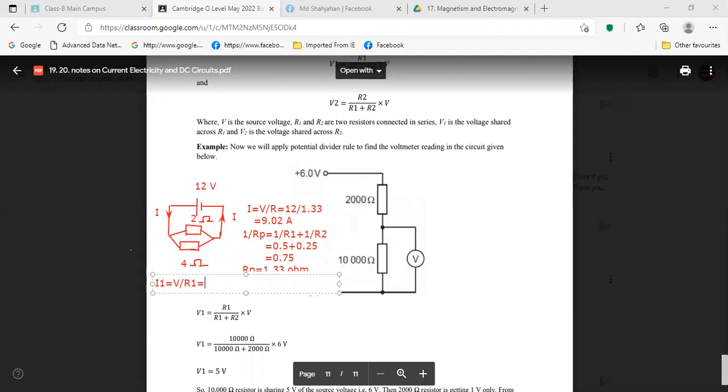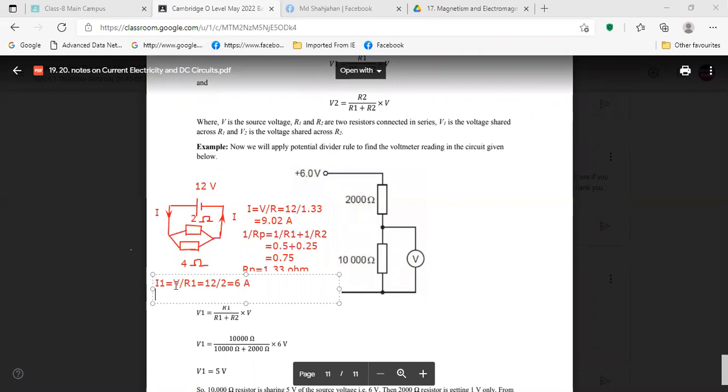How much is it? Sir, 6. So 12 by 2 is coming 6 ampere, right? And the other one will get how much? 3.02, or you can say simply 3, right? 9.02 means 9, if you round it up.